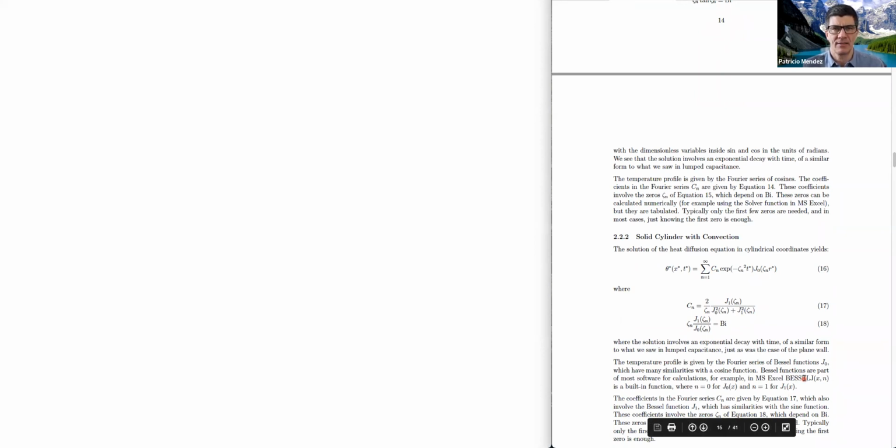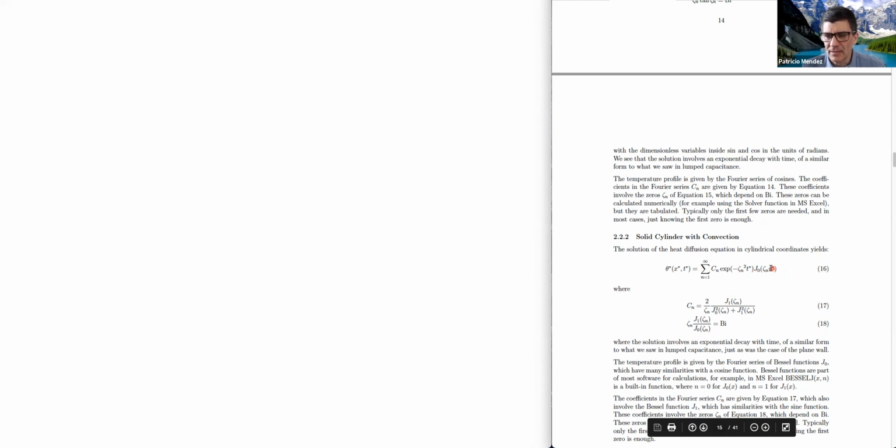Most scientific calculators don't have the Bessel functions, but Excel does. You can go and graph it and check it yourself. J0 looks much like a cosine that is damped as it goes. And J1 looks much like a sine that is damped as it goes.